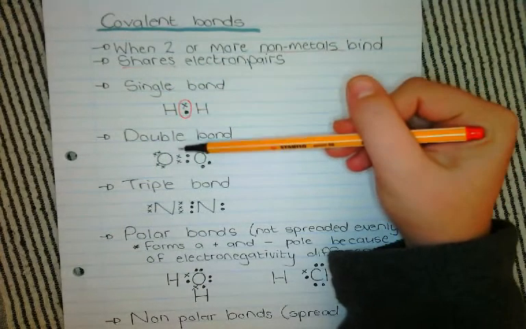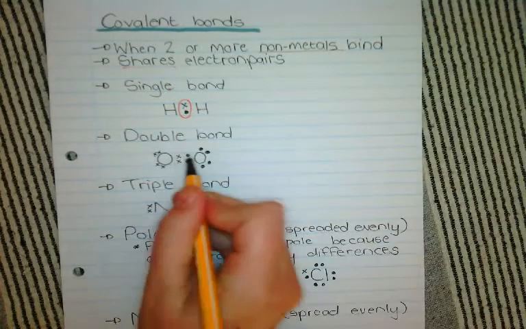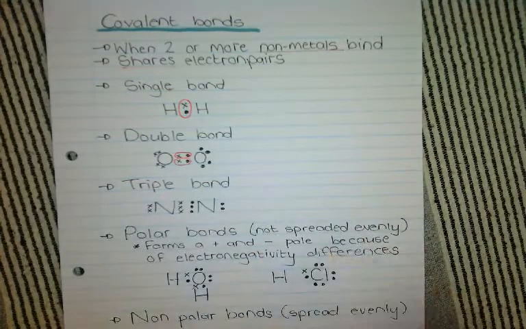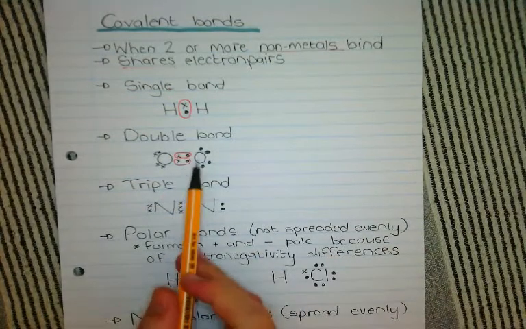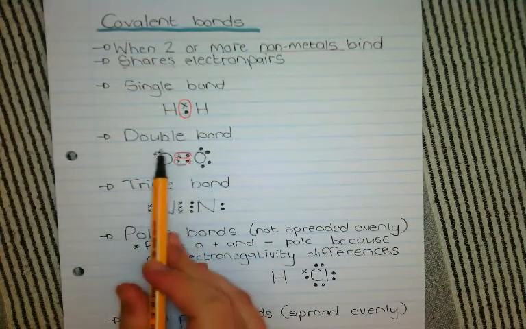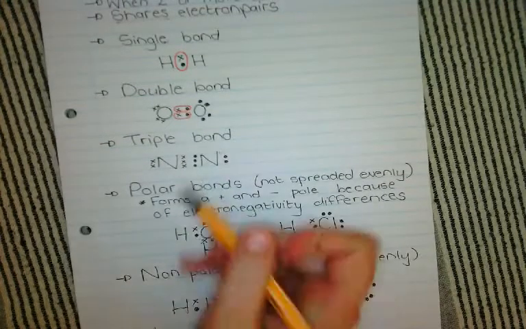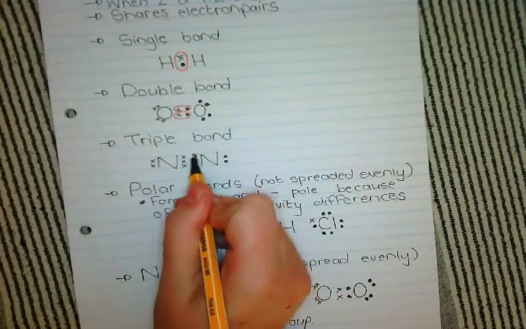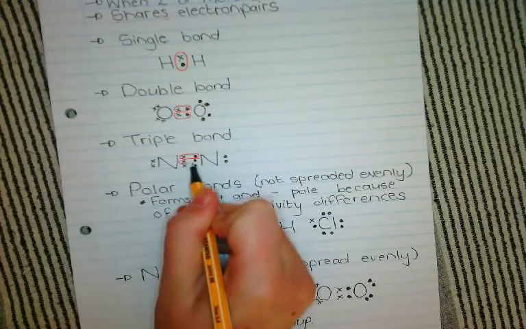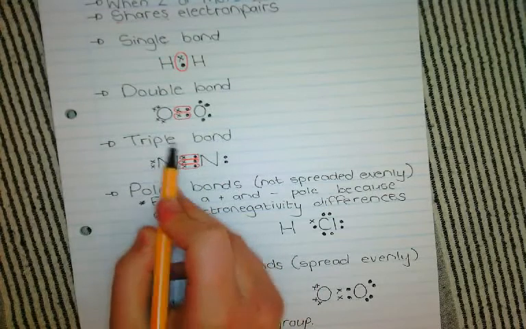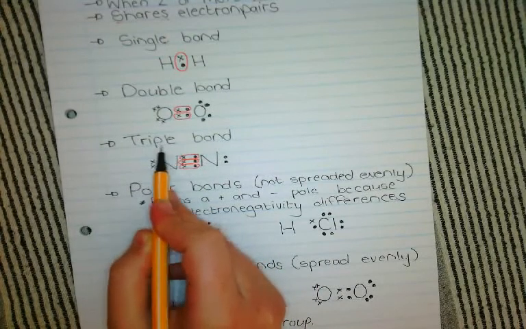Okay, if we look at oxygen, here we can see that it shares two electron pairs, and that means that there will be a double bond. Okay, the third is when, for instance, I have nitrogen, I have 1, 2, 3 electron pairs, and that makes it a triple bond.